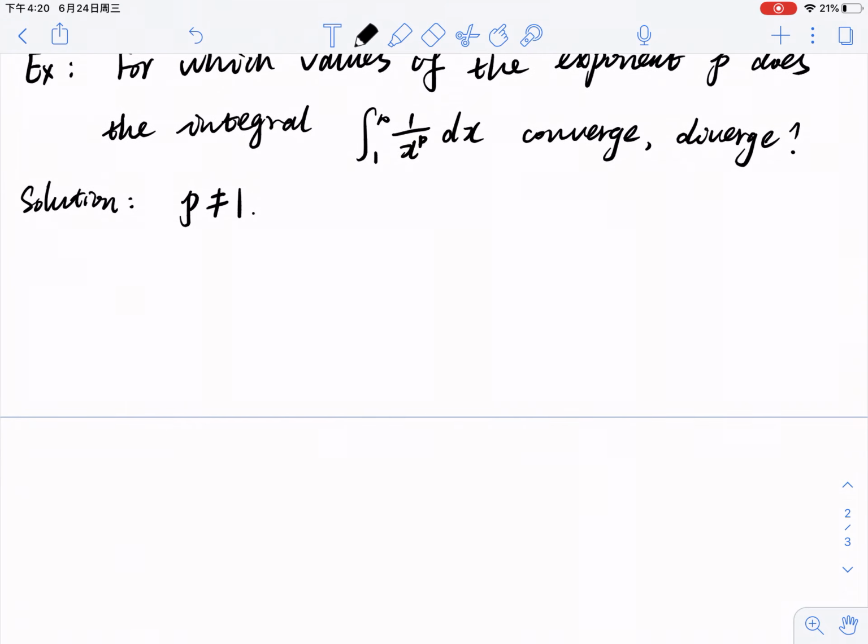If p is not 1, now we look at the integral of 1 over x to the p from 1 to b dx, then we let b go to infinity. So this is the integral of x to the negative p from 1 to b dx.